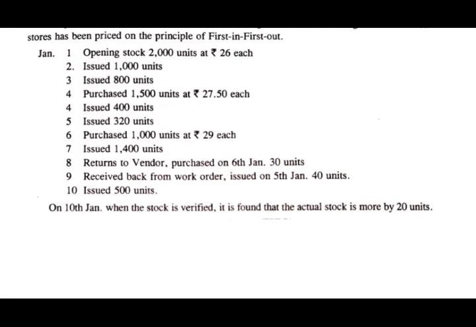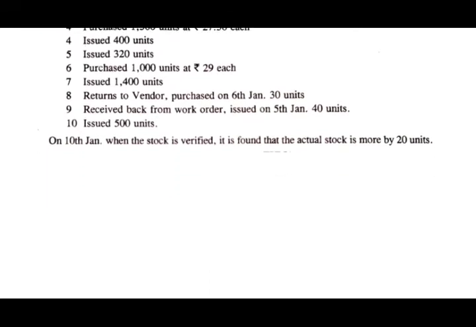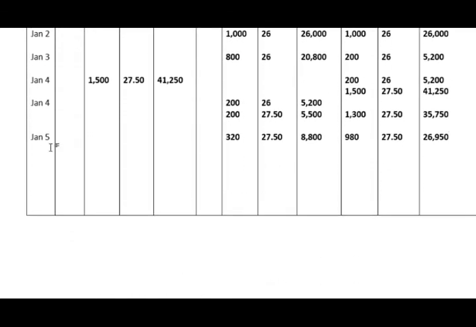The next transaction is on January 6, purchased 1,000 units at 29 each. It's a purchase, so it comes under the receipt part. 1,000 units purchased at 29 rupees each. It amounts to 29,000.